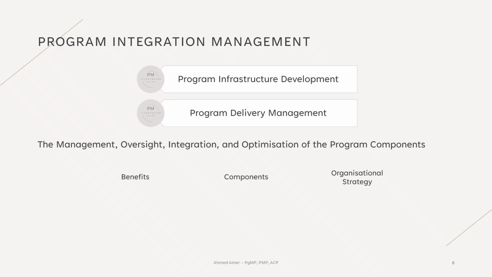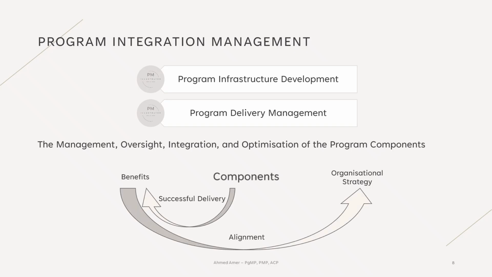Program delivery management is all about managing and optimizing those components. Why does this matter? Because doing so ensures the successful delivery of program benefits that should be aligned with the organization's strategy and objectives.